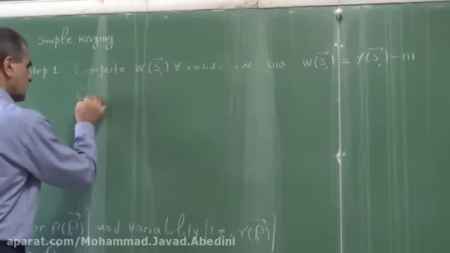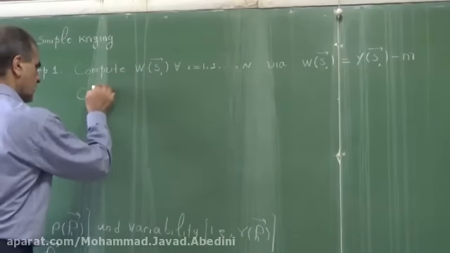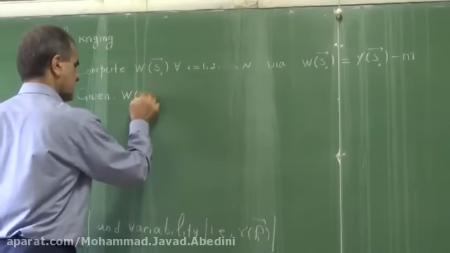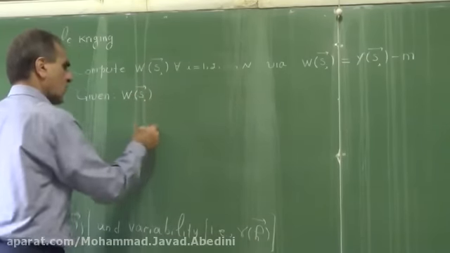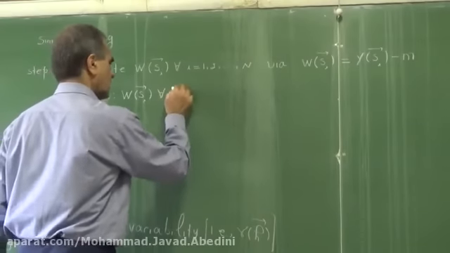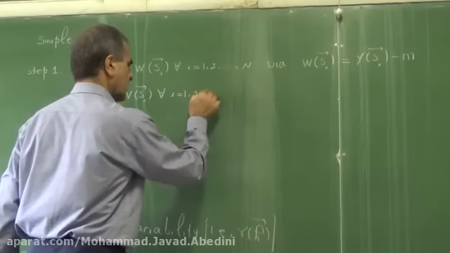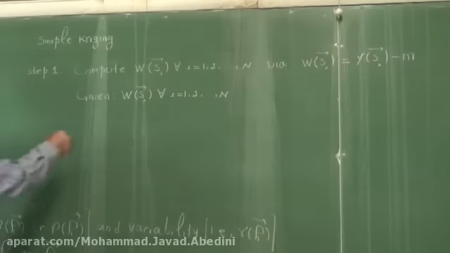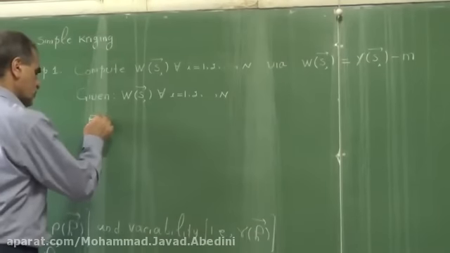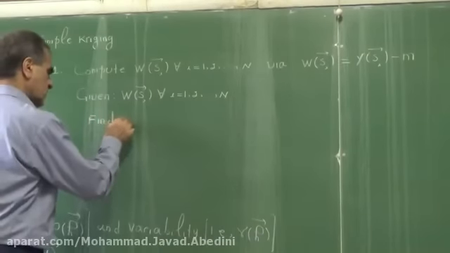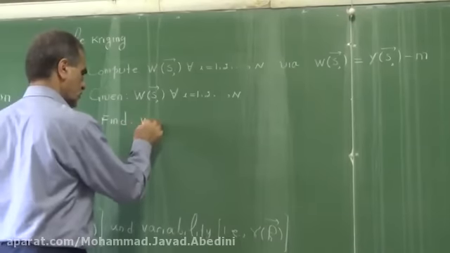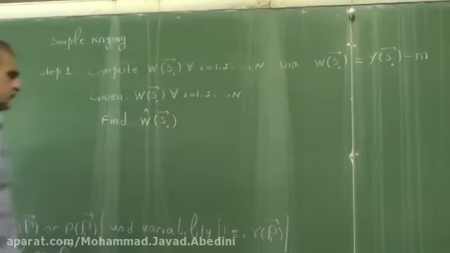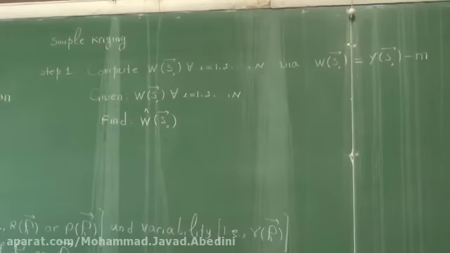Given W at S_i for all i from 1 to n, then our job is to estimate W at a point which is not sampled. That is the new problem statement.